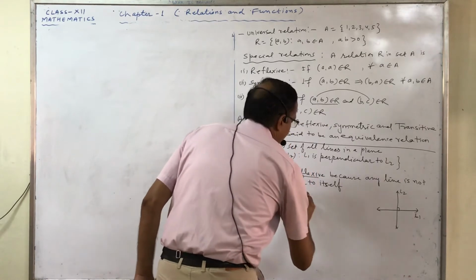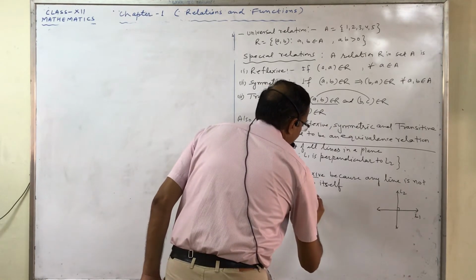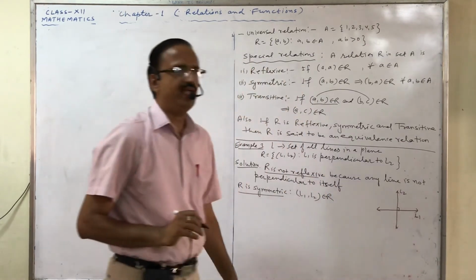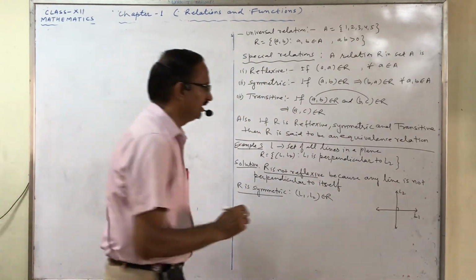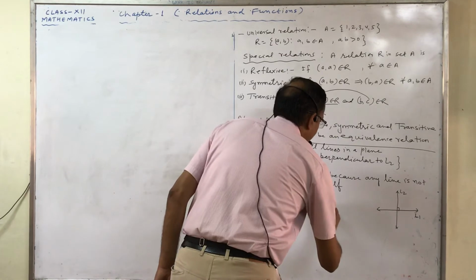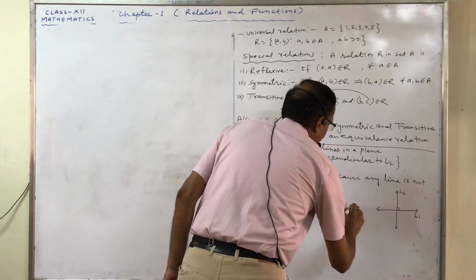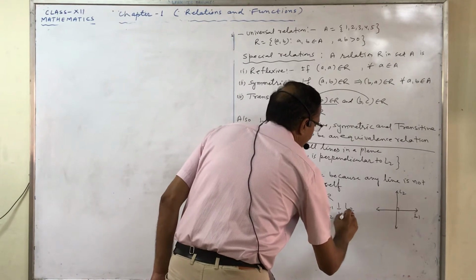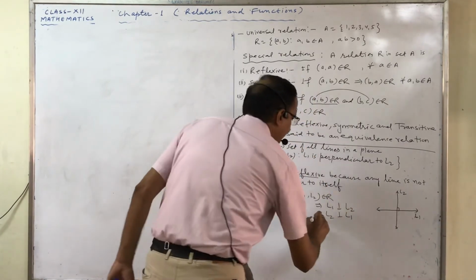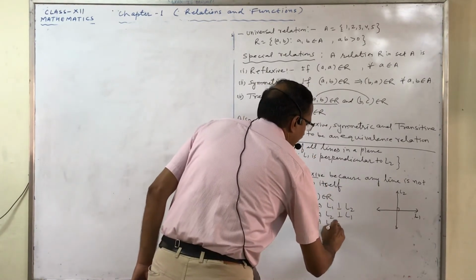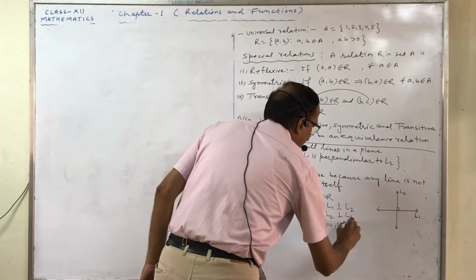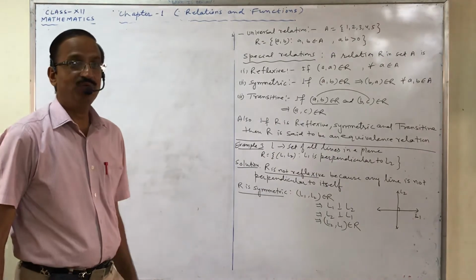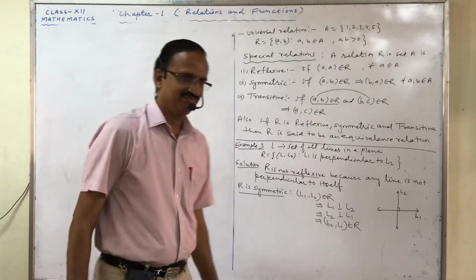Why? Because L1, L2 belongs to R, means L1 is related to L2. This implies that L1 is perpendicular to L2. This implies that L2 is also perpendicular to L1. And this implies that L2, L1 belongs to R. Okay? Now we check transitivity. Third one.